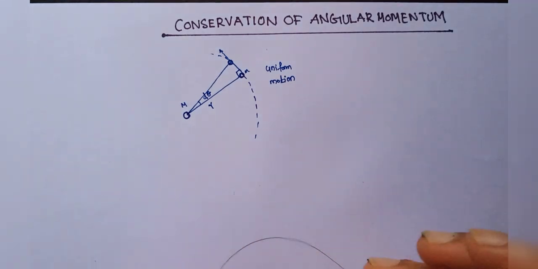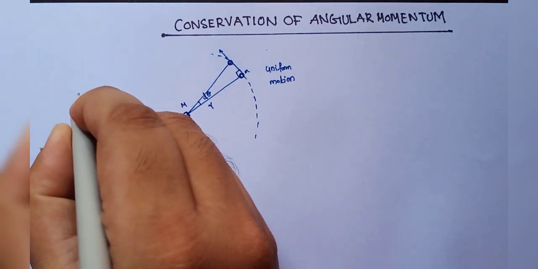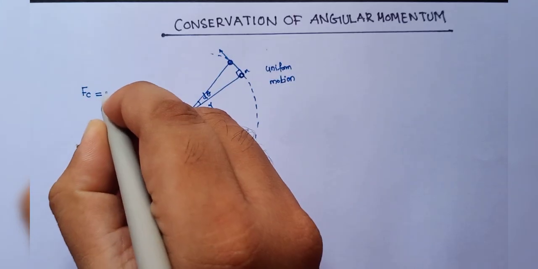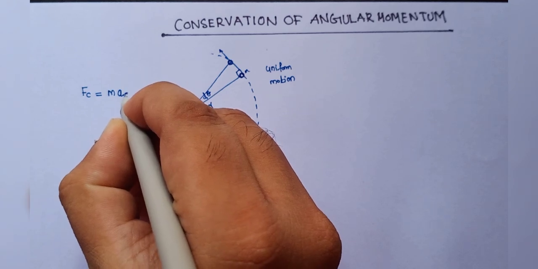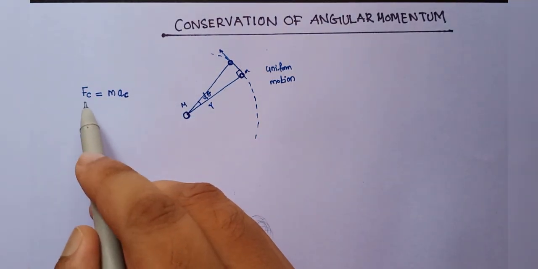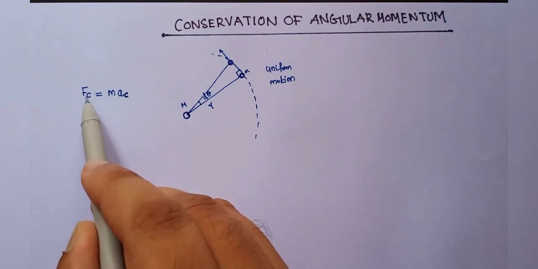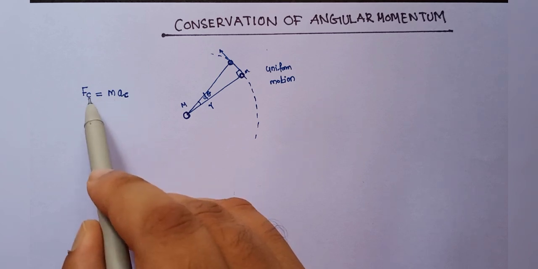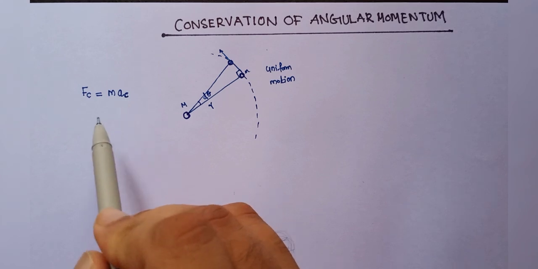For any revolving body, we know the centripetal force, and this time we'll make it simpler. The centripetal force is equal to the mass times the acceleration, called the centripetal acceleration, because this is basically Newton's second law. Force is equal to mass times acceleration, and here this is centripetal acceleration. Sorry, my mistake.